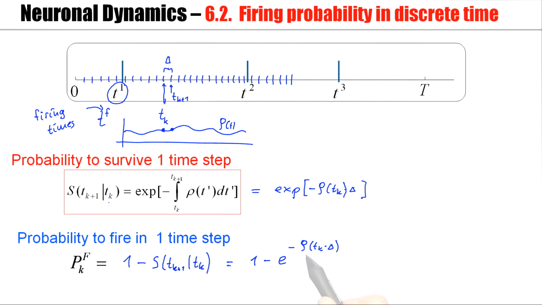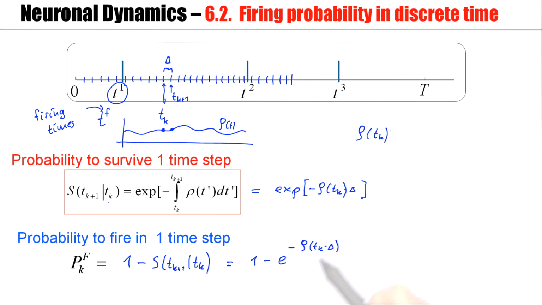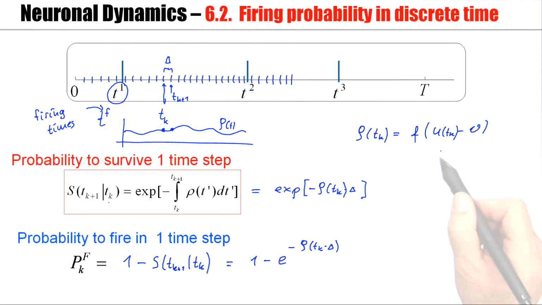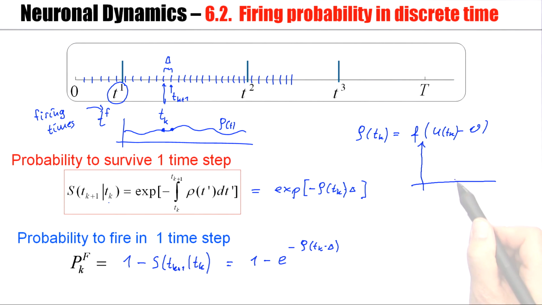Now, rho of tk is my escape function f of u minus theta evaluated at this moment tk. We have seen that this function f may explode for u larger than theta.